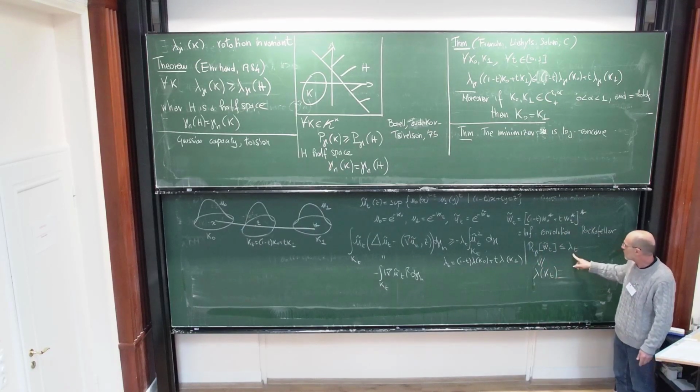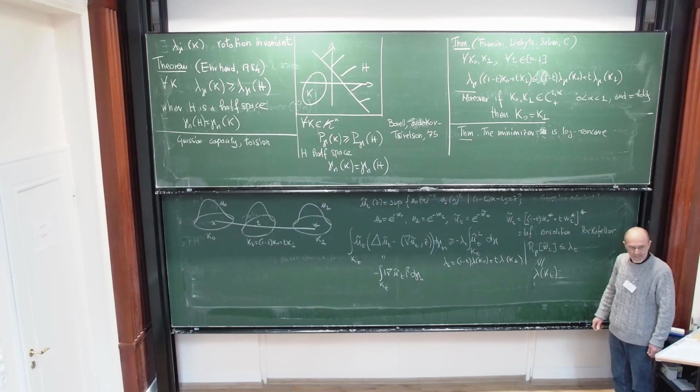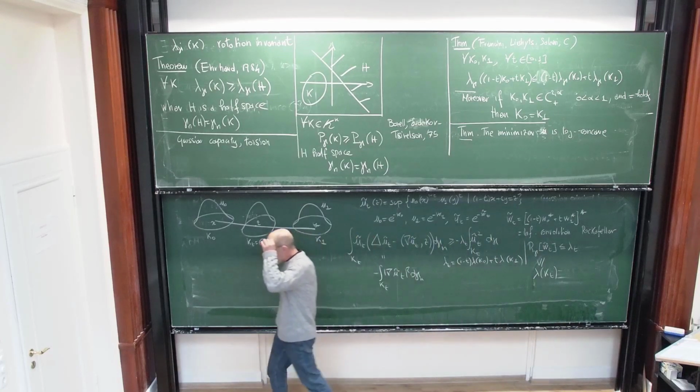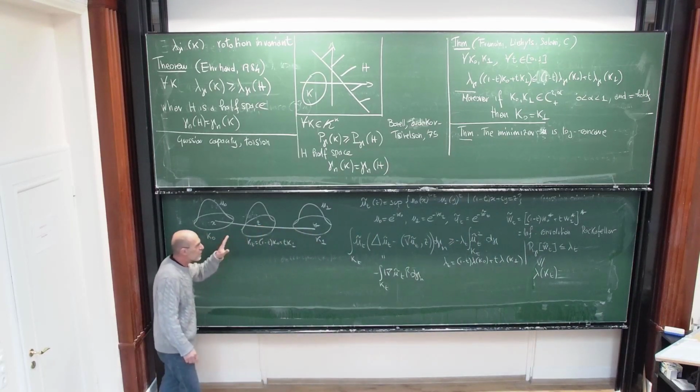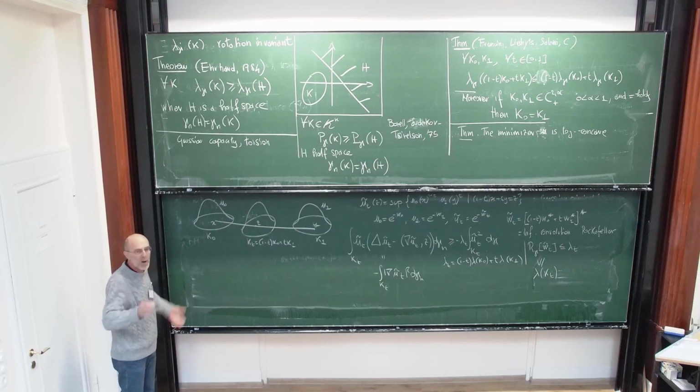So lambda of KT is smaller than lambda t. And this is the end of the proof. I have to say that the same proof works in the Lebesgue case. So this is not a new argument. The only fact is that it works also in the Gaussian setting.